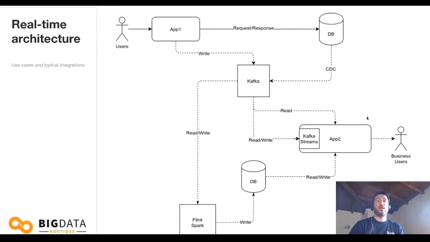If we scale our applications with more instances, we're also going to be able to scale our real-time processing capabilities. So this is for me probably the biggest difference between these platforms.